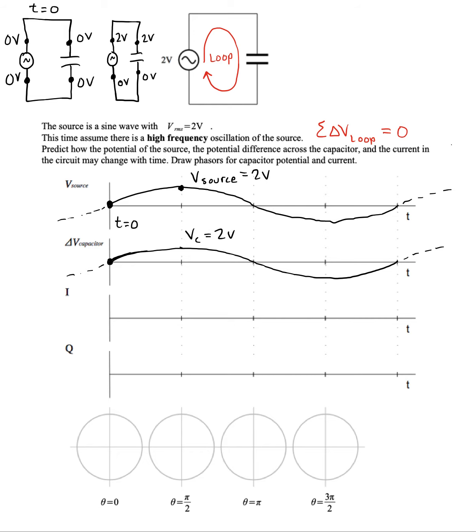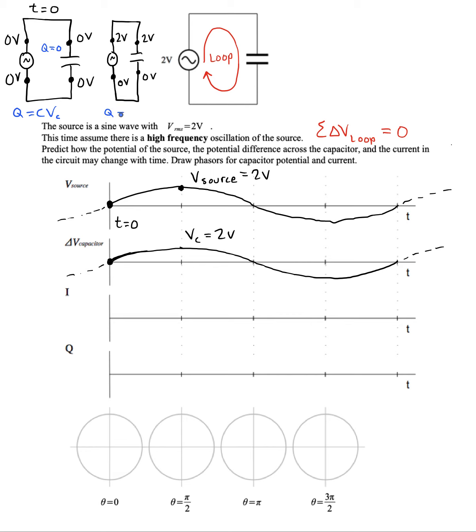Now, what will the charge be like as time goes on? At t equals 0, when our capacitor has no potential difference across it, the charge on the plates will be 0 as well. This is because, according to the formula Q equals C times the voltage, the capacitance is just a constant. So it should be clear that when the capacitor voltage is 0, the charge on the plates is 0 as well.